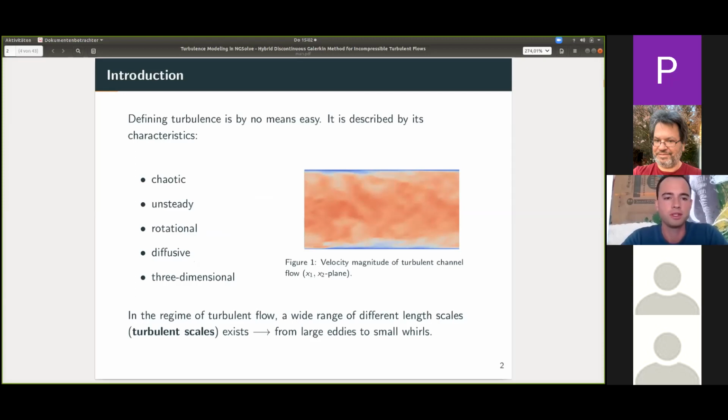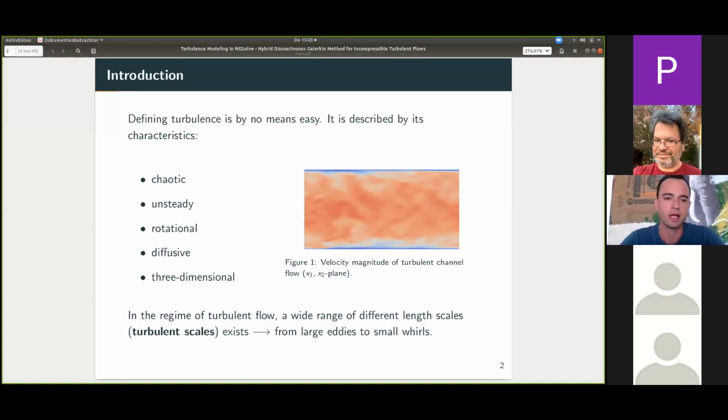First, I would like to start with the introduction. How do we define or characterize turbulence? This is by no means a very easy topic. It is basically described by its characteristics in contrast to laminar flow. Turbulent flows are chaotic, which means that very small disturbances in the initial field, in a flow with a very high Reynolds number, start to amplify and lead to the so-called laminar-turbulent transition and an uncorrelated flow field.